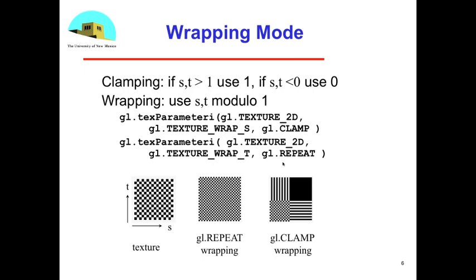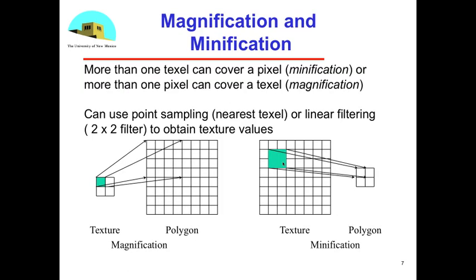Now, the next thing is called magnification and minification. The question is, how does a particular texture, or in particular a given texel, map to a polygon, a triangle that you're trying to render? Now, these examples I've drawn as little square polygons, only so it looks a little easier.